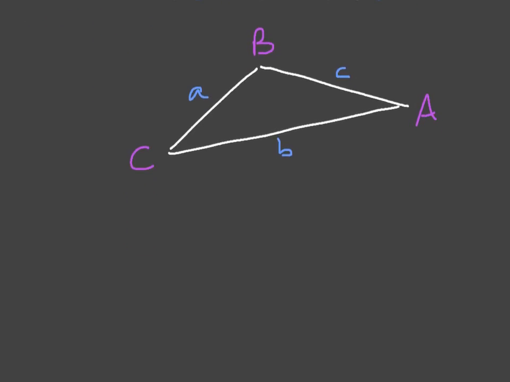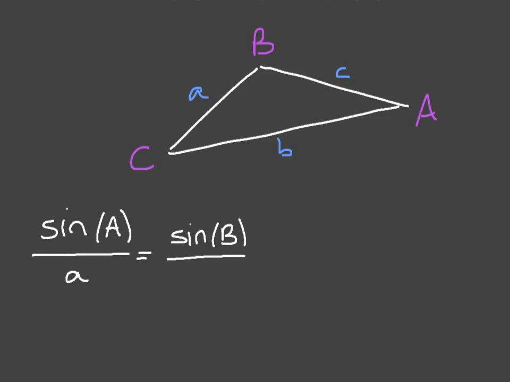Now, when we're looking for unknown angles, we'll be using the sine rule written in the following way: the sine of the angle A over the side length a is equal to the sine of the angle B over the side length b, and that is equal to the sine of the angle C over the side length c.